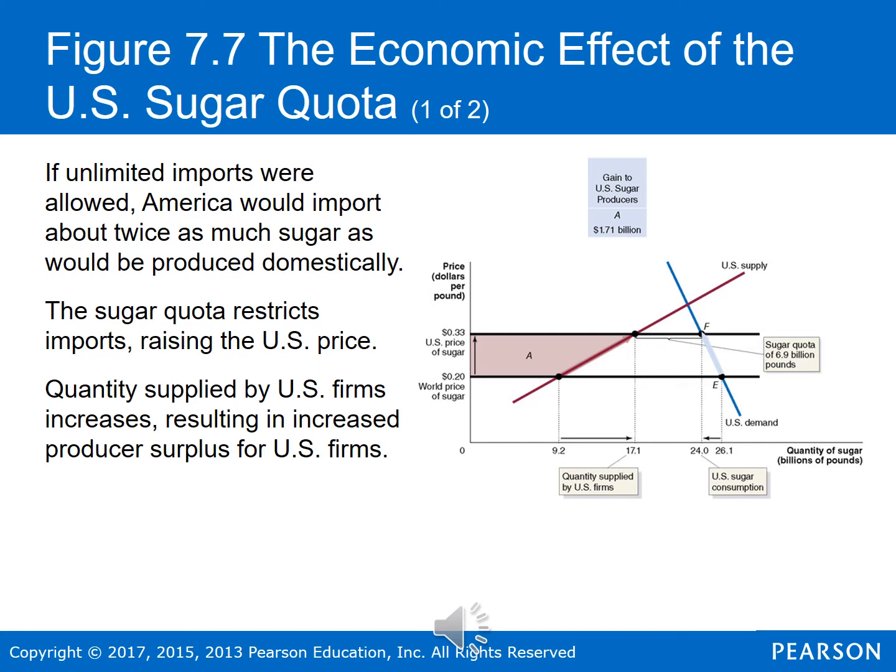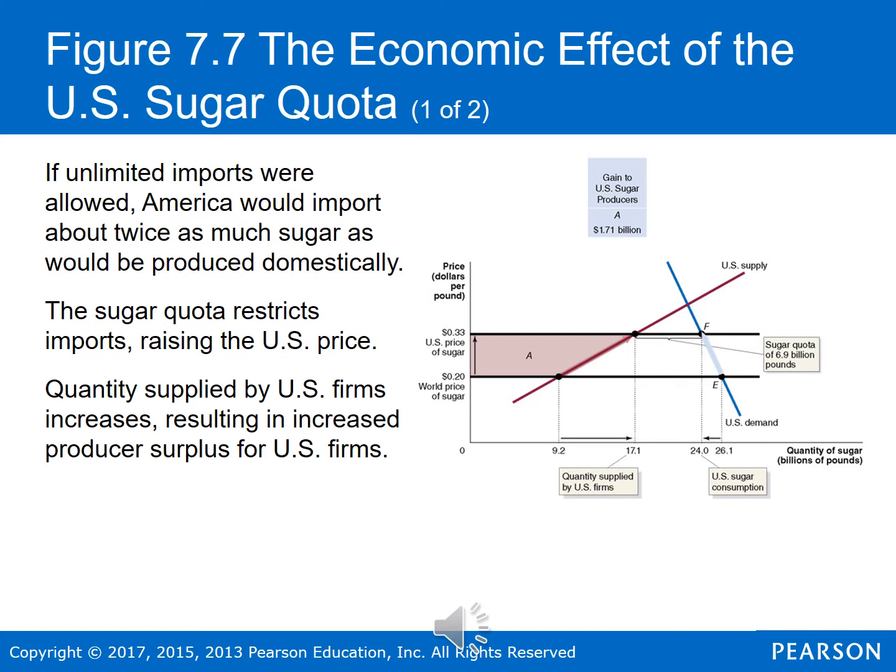Now, because we have these import restrictions, the U.S. sugar price is artificially high at 33 cents. So let's trace 33 cents across the supply and demand curves. Taking that across the supply curve and down to the x-axis, we have U.S. firms supplying 17.1 billion pounds of sugar.